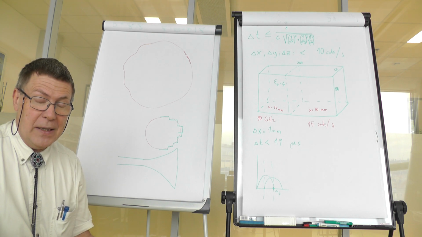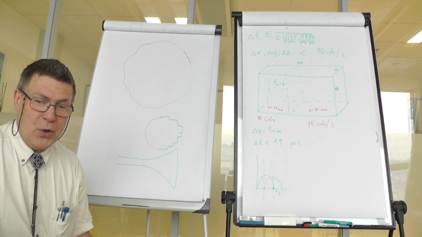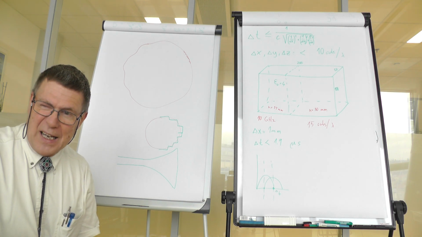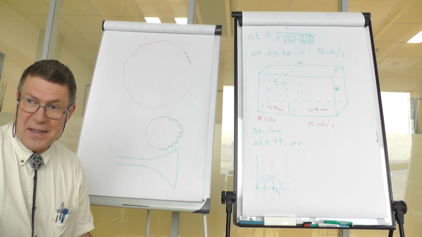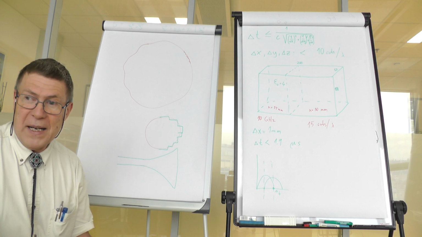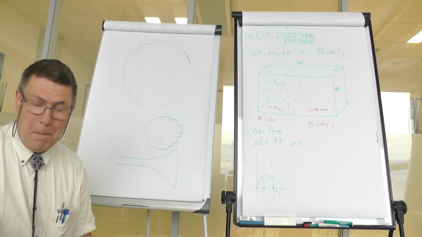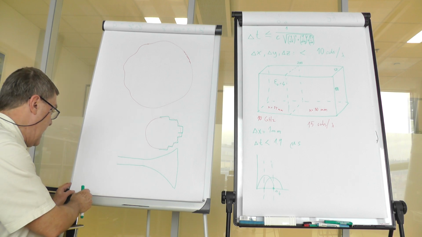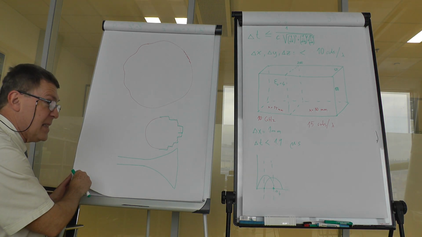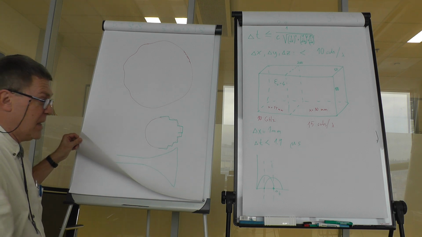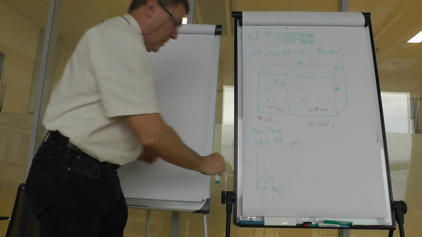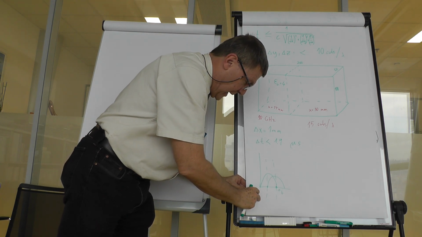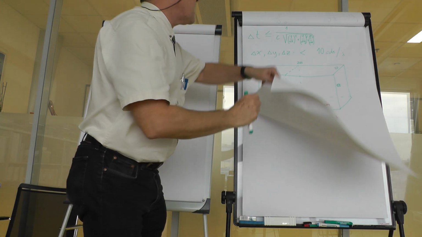I would like now to switch to the second topic I promised last week, and that is the transmission line matrix method, TLM, based on Huygens principle. In fact, this is the predecessor of the finite difference time domain method, an earlier method, and I would like to show you the basic principles of that.